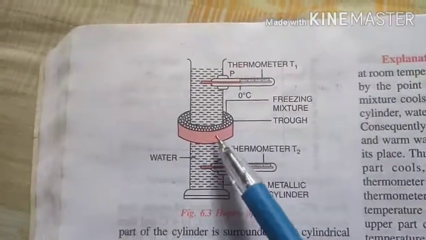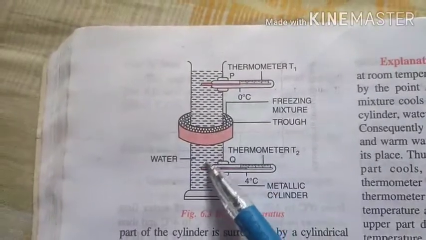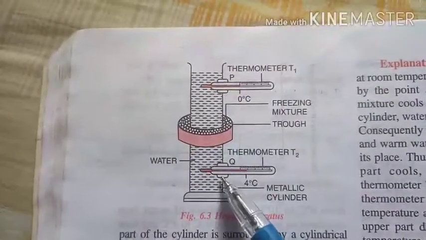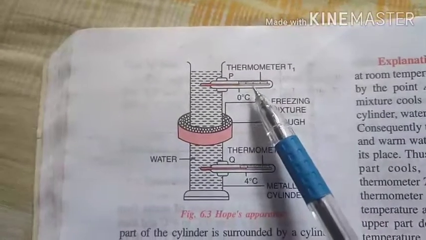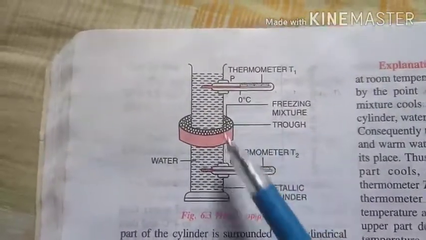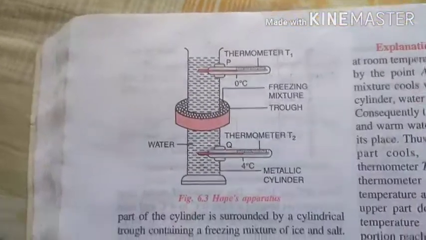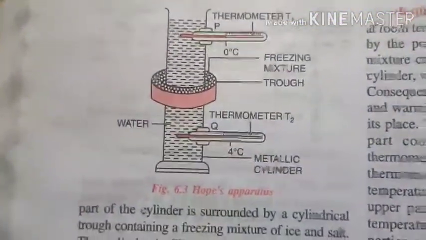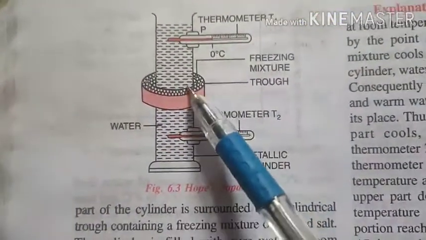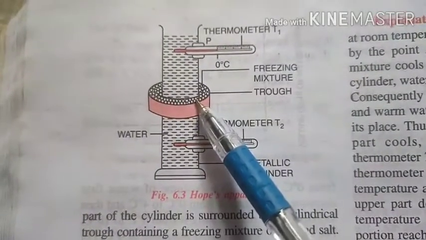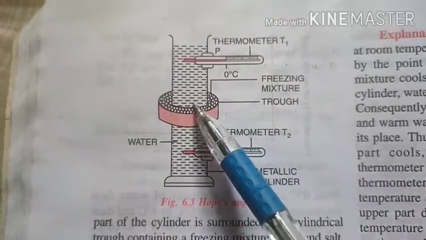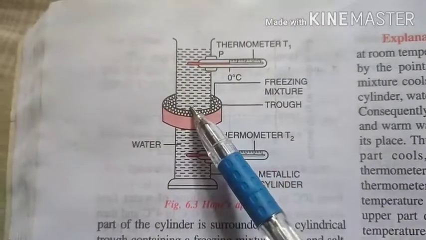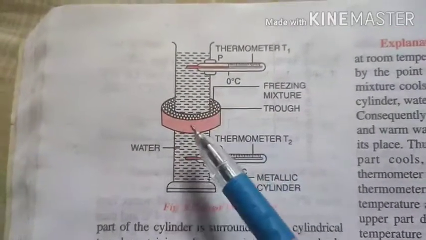So we have the water in the center portion and below the center portion at 4 degrees Celsius, but there is no change in the temperature in the upper region. Then, since the freezing mixture is at 0 degrees Celsius, there is a temperature difference, and again it will cool down the water in the center portion from 4 to below.